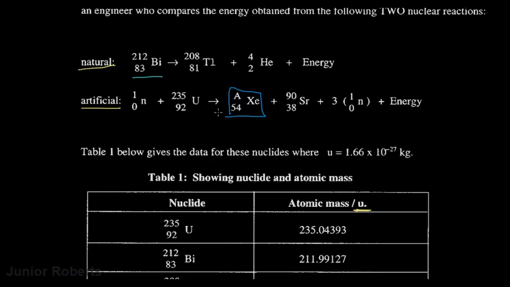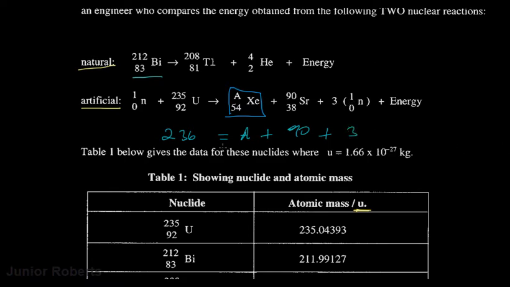Since we're interested in the mass number of xenon, we can consider that the mass number of our reactants is 235 plus 1, so that's 236. That must be equal to the total mass number on this side. So we say A, which is our unknown for xenon, plus 90 here, plus 3 neutrons, so 3 times 1, which is 3.